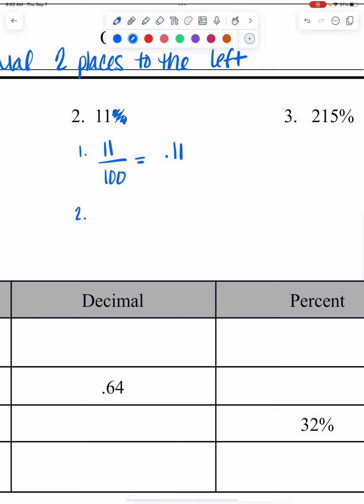If I want to move the decimal, my decimal initially is sitting behind the 11. I'm going to take off the percent, and I'm going to move my decimal 2 places to the left. So I end up with 0.11 again.